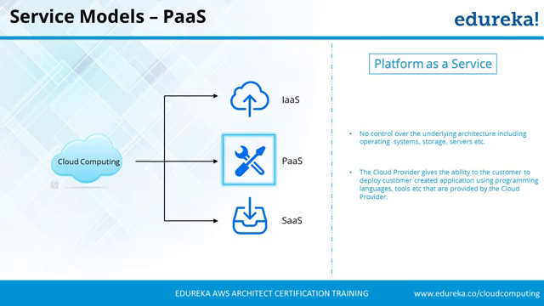But when we talk about platform as a service, you do not have any control over the underlying architecture. Of course, you will have control of the resources that will be deployed under platform as a service, but the architecture will always be the same. Platform as a service model is primarily targeted for the developer community.